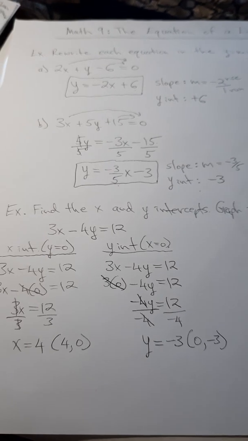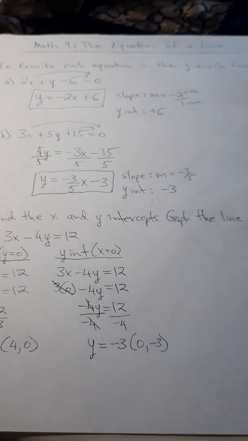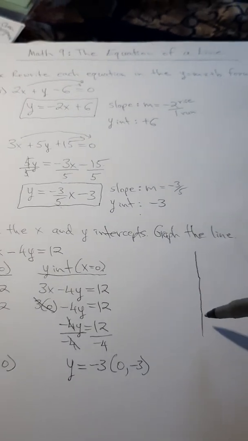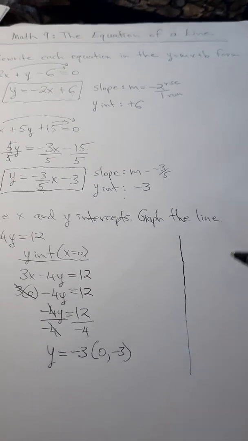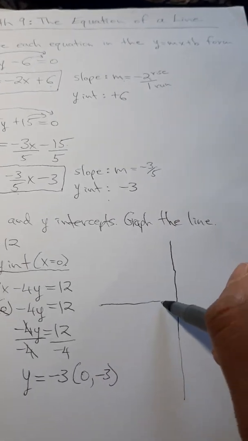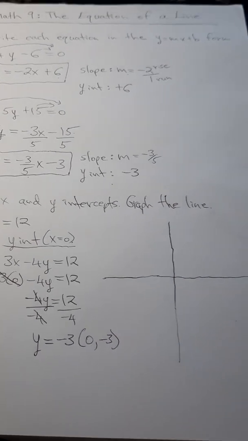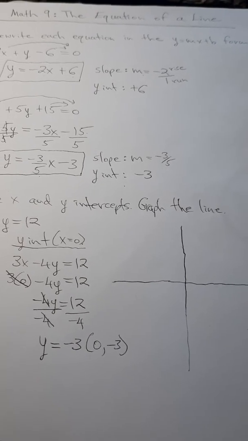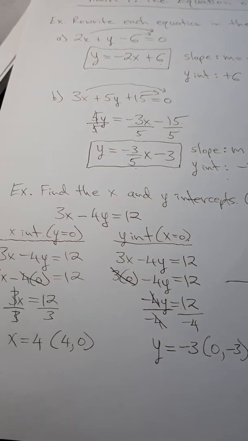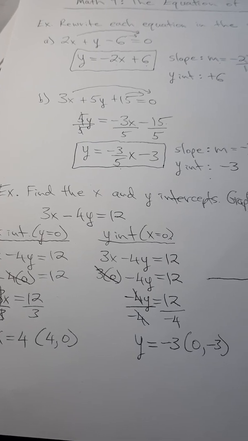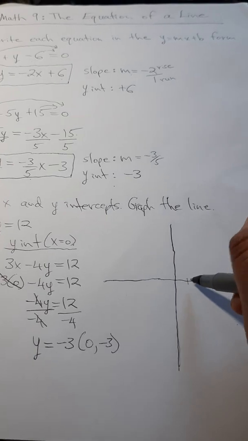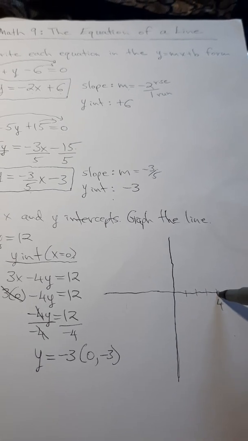So we found our x and y intercepts, and we're going to make a quick sketch of the graph right here. So I'm just going to move it over. When you're graphing out the line, what you're going to do is just graph out the x-intercept and the y-intercept. The x-intercept here is going to be 4 and 0.